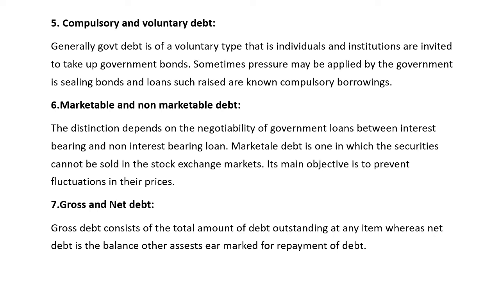Gross and net debts. Gross debt consists of the amount of debt outstanding at any time, whereas net debt is the balance after deducting assets earmarked for the repayment of the debt. Okay, thank you.